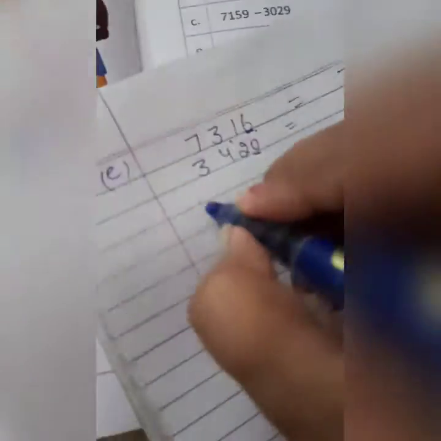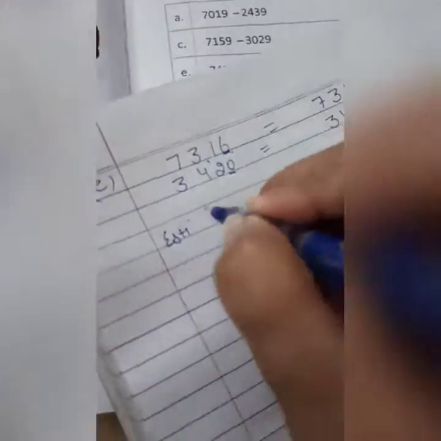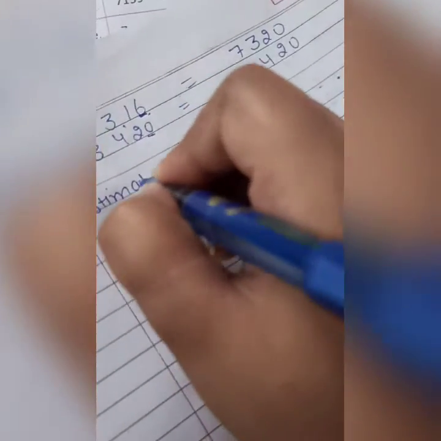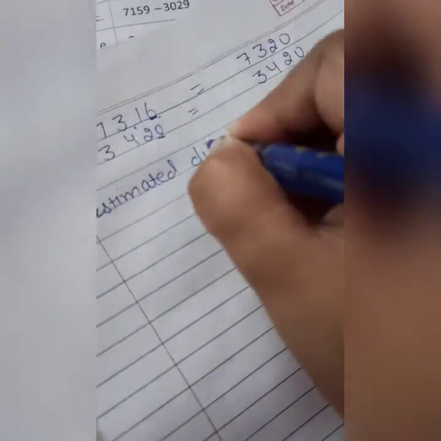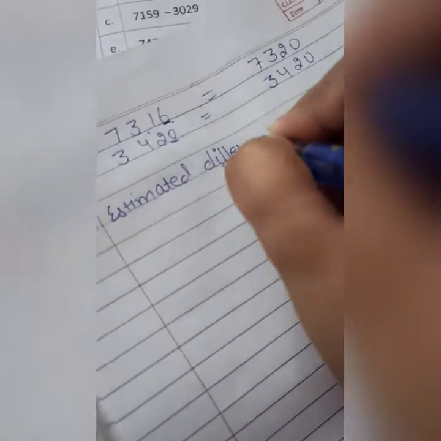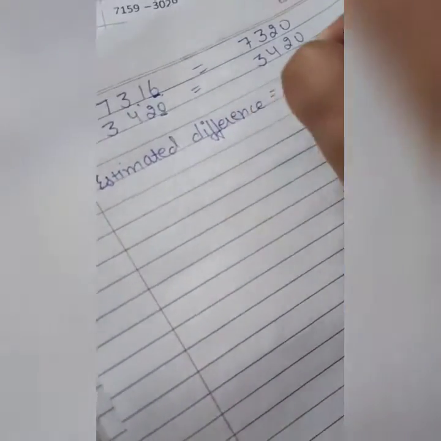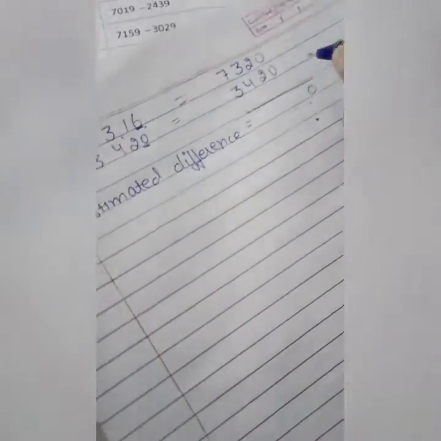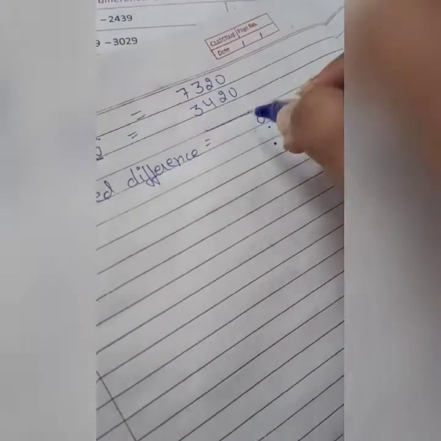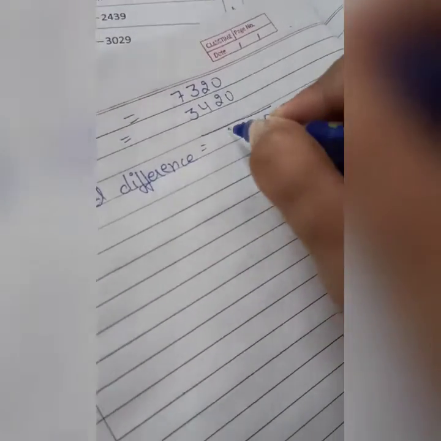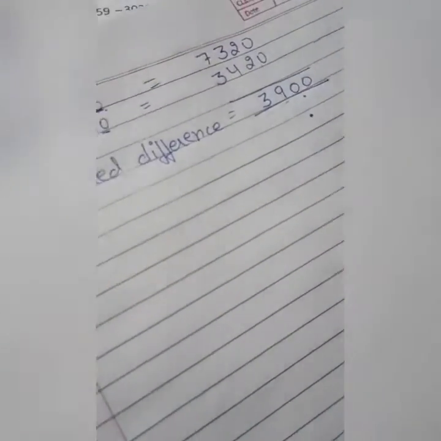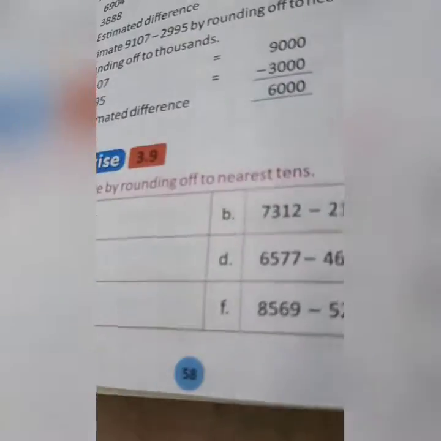So the number will remain the same. Now the difference. You will write here estimated difference. 0 minus 0, 2 minus 2, 0, 13 minus 4, 9, 6 minus 3, 3. Right? F part.